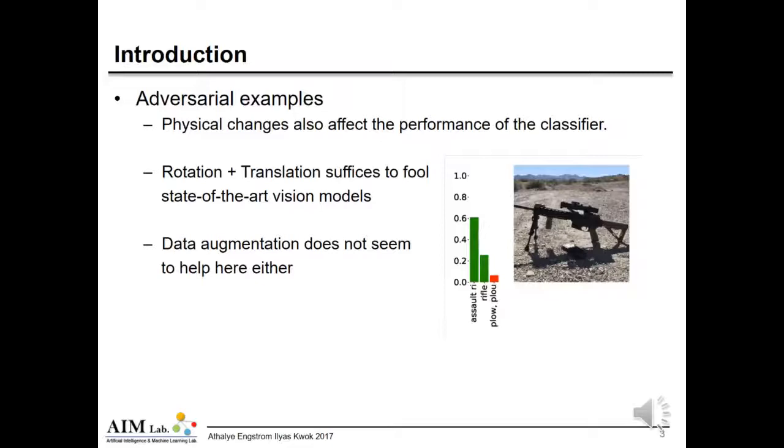It does not add any specific noise to the image, it only adjusts the viewpoint. So, rotation or translation suffice to fool the state-of-the-art vision models. Generally, when we train a classifier, we use data augmentation, which uses rotation and translation. However, as you can see in this example, this does not seem to help for adversarial examples.